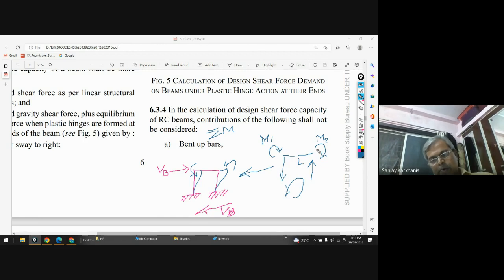And this is the shear force due to sway to the left or sway to the right. Sway to the right exactly उल्टा होगा. Sway to the right क्या होगा? There will be anti-clockwise moment at both ends, and it will be resisted by clockwise shear, which will form like this. Clear?